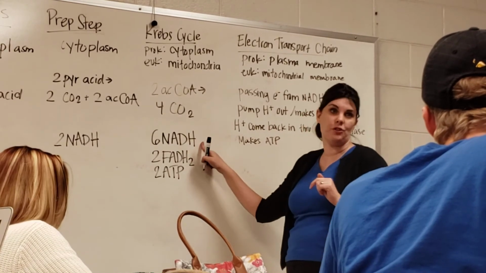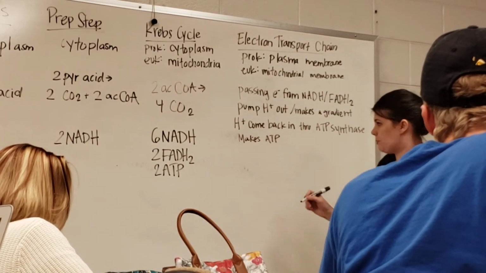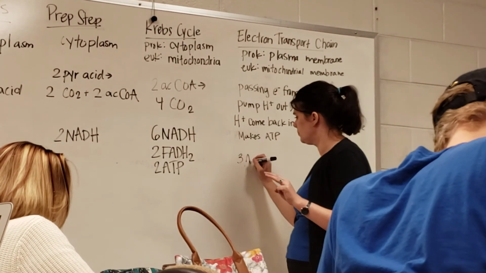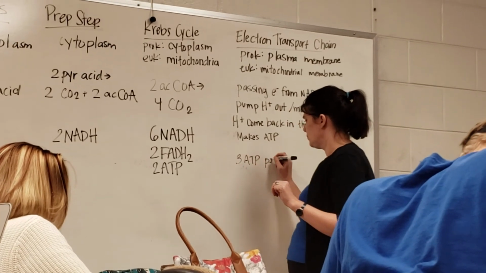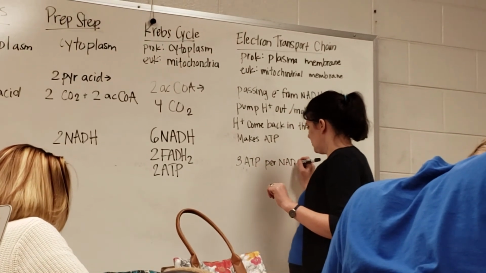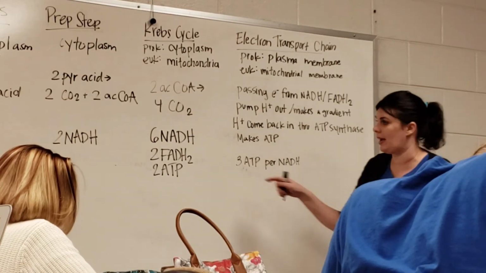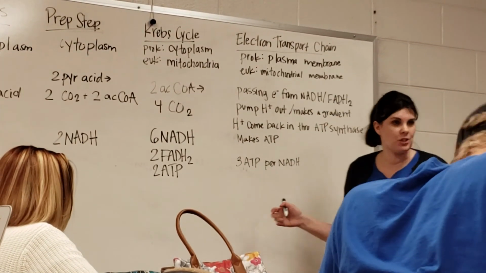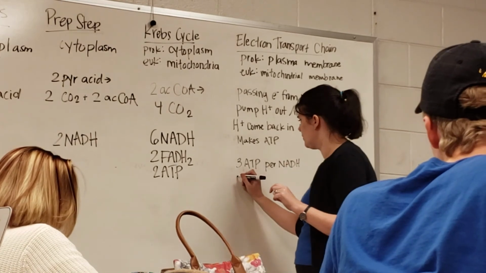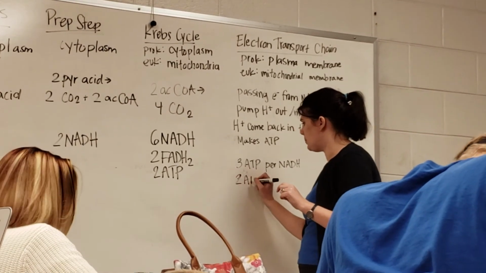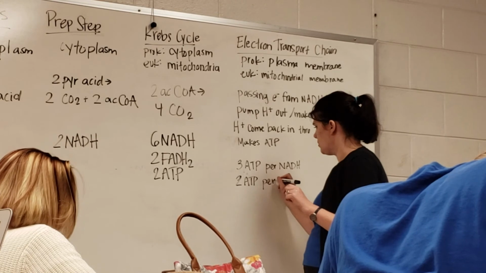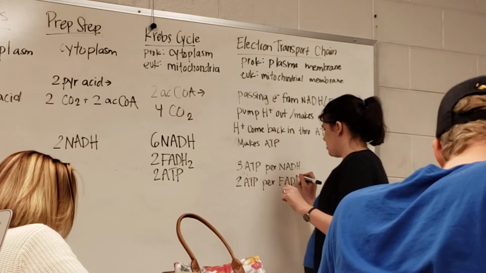Each NADH you've made is going to give you 3 ATP. And each FADH2 is going to give you 2 ATP, okay? It's got a 2 in it, so it's making 2 ATP. So 2 ATP per FADH2.